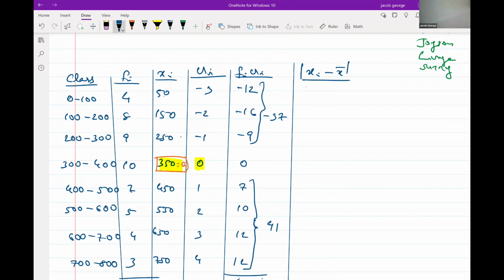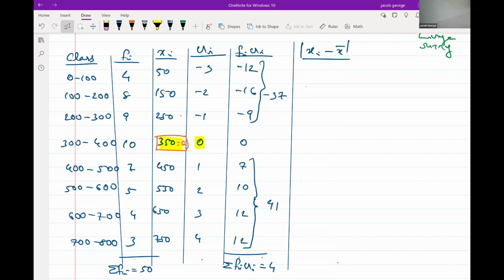Yes, please subtract. Modulus 50 minus 358. What is that? 50 minus 358? 308. Next, modulus 150 minus 358. 208.